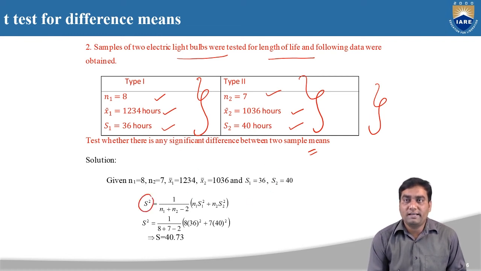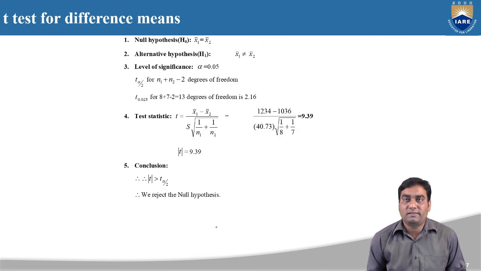Because s1 and s2 values are given, we can use the formula 1 by n1 plus n2 minus 2 into n1 s1 square plus n2 s2 square. So s square equals 1 by 8 plus 7 minus 2, into 8 into s1 square, 36 square, plus s2 square, 40 square. We simplify and we'll get s value 40.73.